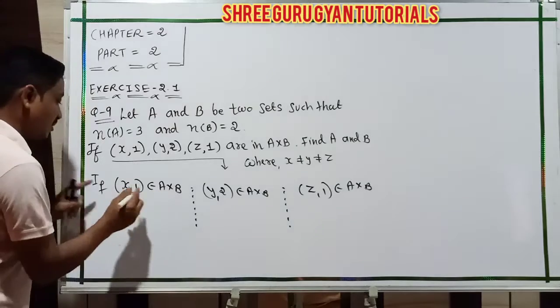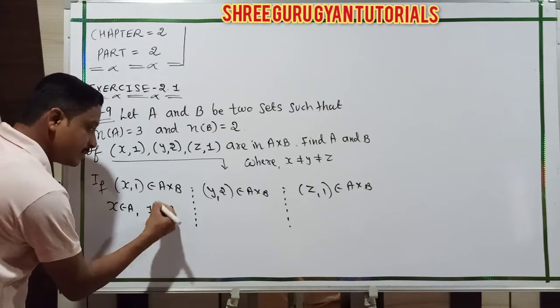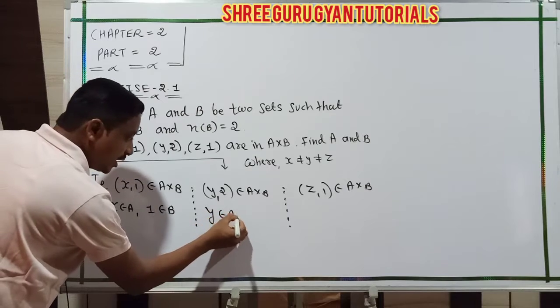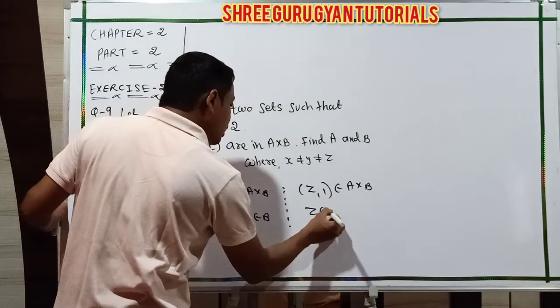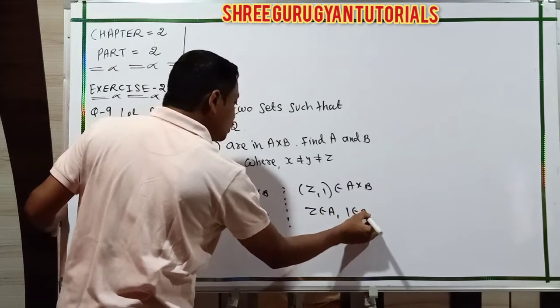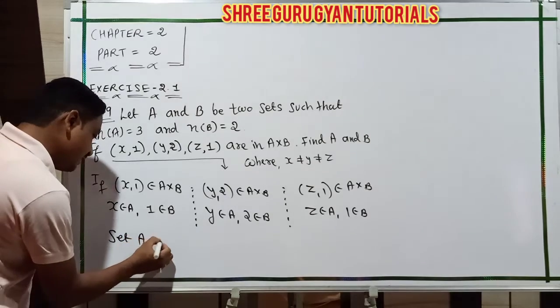First, x is a member of A and 1 is a member of B. Same as y belongs to A, 2 belongs to B, and z belongs to A and 1 belongs to B. It means your set A is ready.